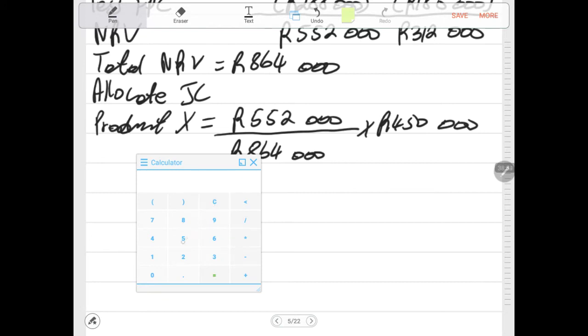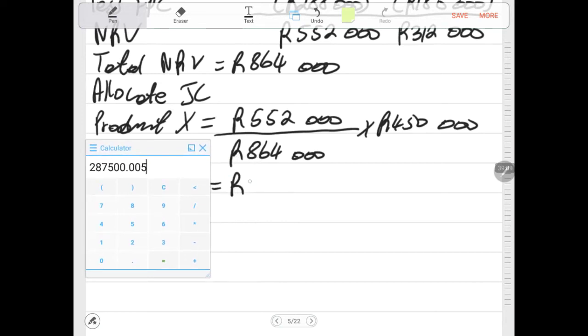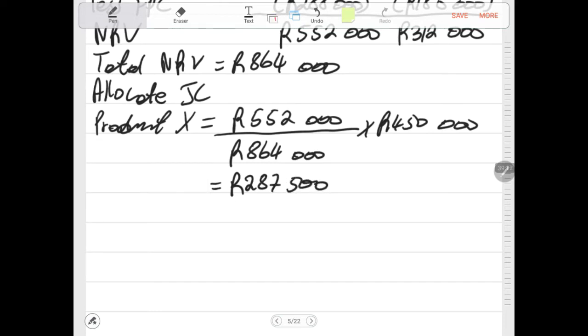Then we have 552,000 divided by 864,000, multiply this by 450,000. We get an amount of 287,500. Then we allocate our joint cost to the next product, which is product Y.